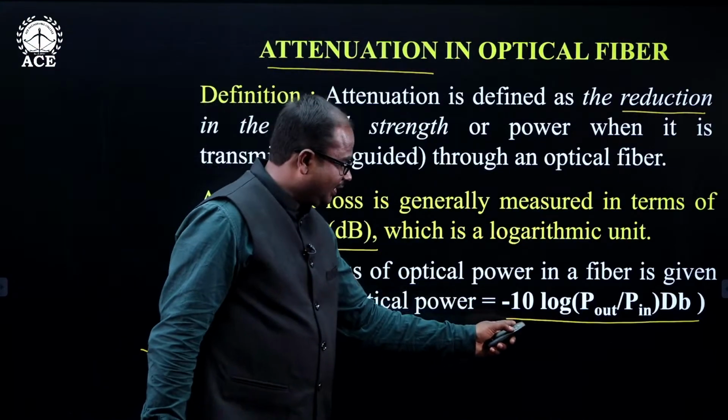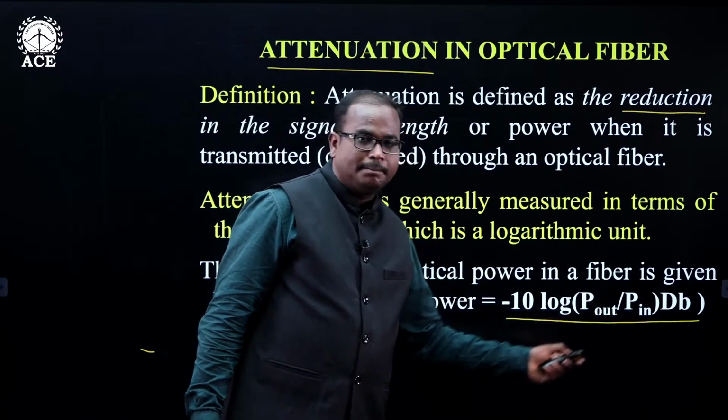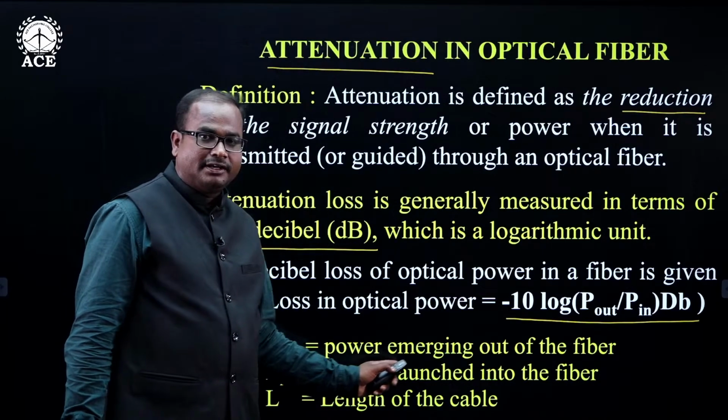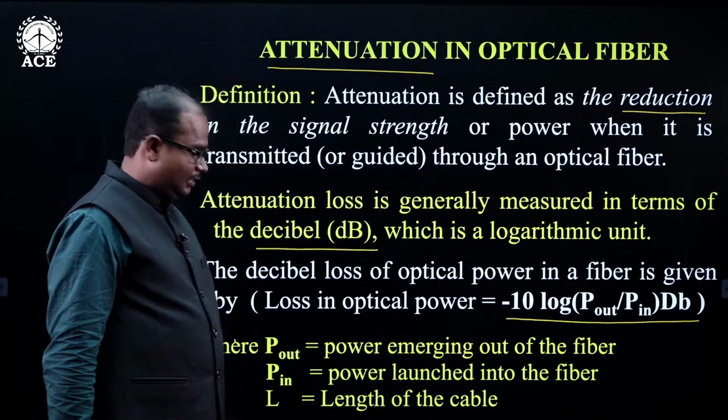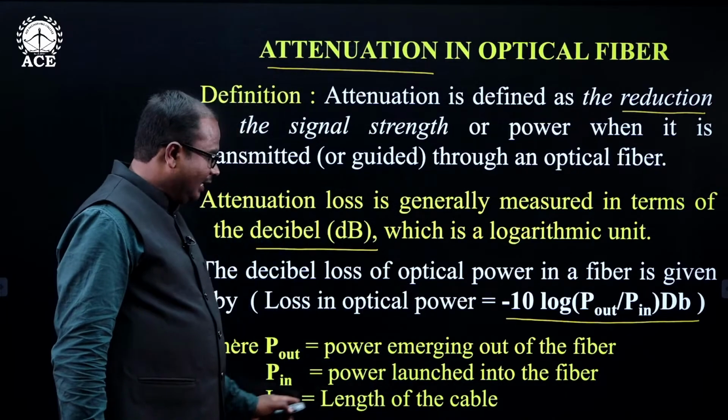What is this? Minus 10 logarithm of output power by input power, P out by P in. P out is the power emerging out of the fiber, P in is the power launched into the fiber, and L is the length of the cable.